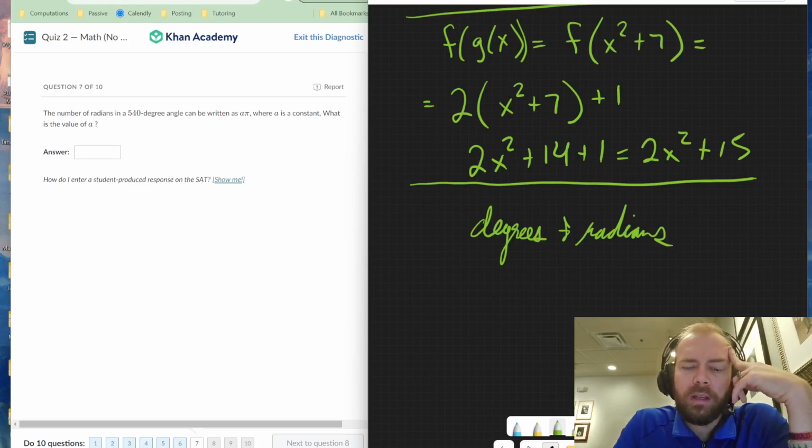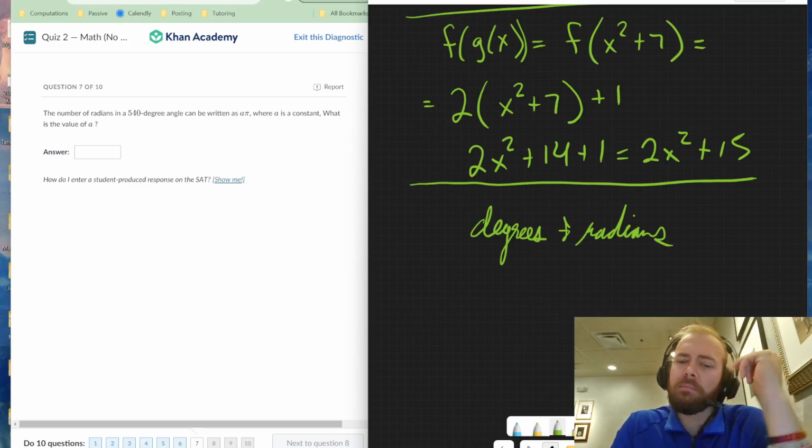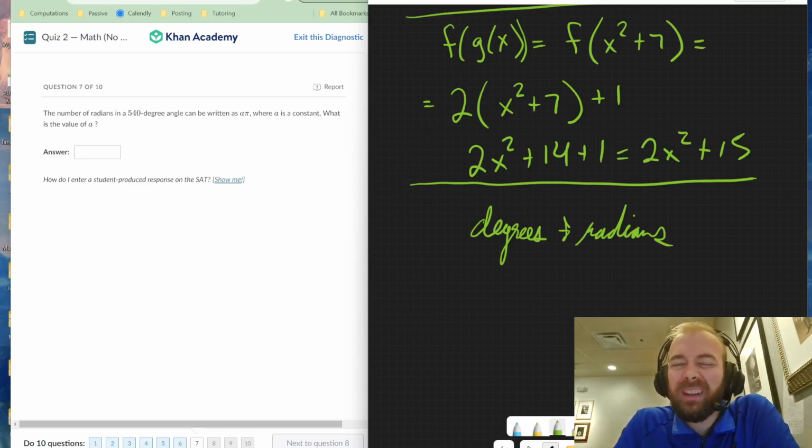Okie dokie. Well, if we're going to do that, we need to know how to convert between degrees and radians. So I would recommend just memorizing this, but it is kind of in the formula sheet. On the formula sheet, they're listed as sentences. It'll say that there are 360 degrees in a circle, and it'll also say that there are 2 pi radians in a circle.